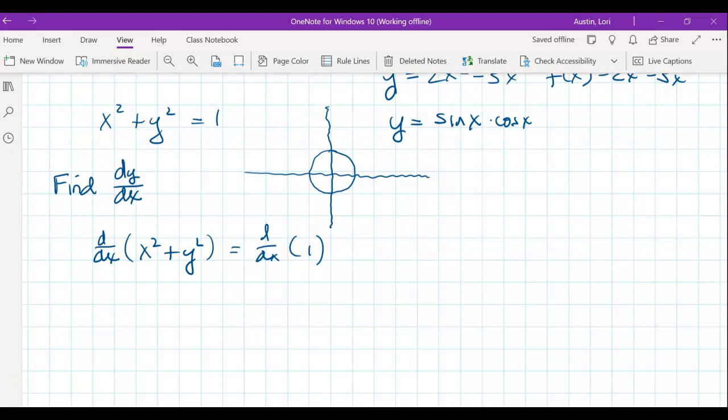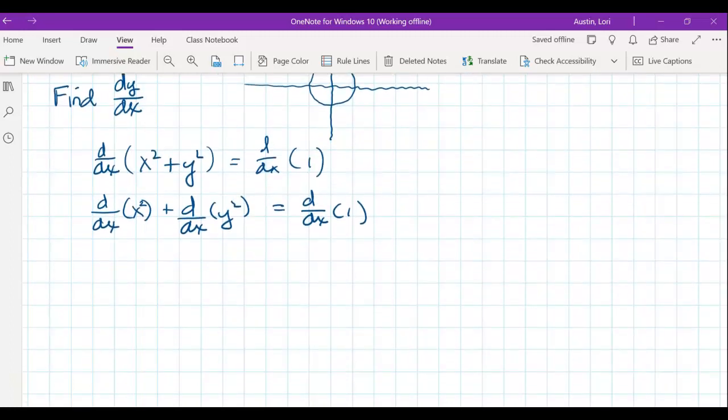Derivative, you can separate it. And again, I'm putting down way more steps than you will need, just to show you. Well, you know how to do d dx of x squared, so that shouldn't be an issue. But then we're going to do d dx of y squared and d dx of 1.